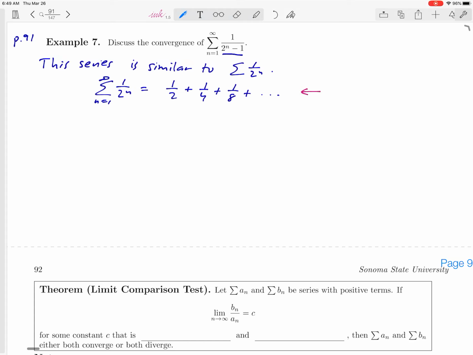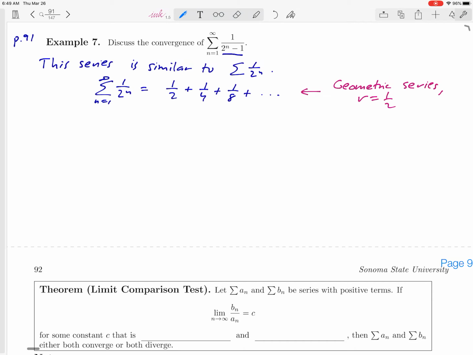You might remember from the last section that this is a geometric series, because it has a common ratio of 1/2. 1/2 is the common ratio because you can multiply every term in your series by 1/2 and get to the next term.